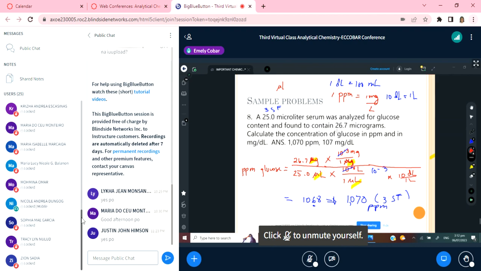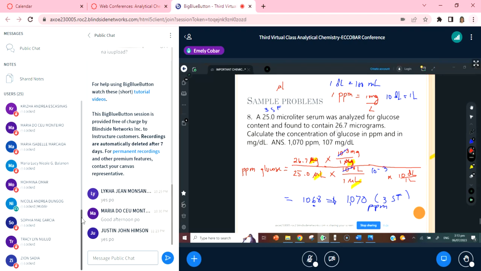So, what does it say? Express the concentration of glucose in ppm. So, ppm glucose is simply equal to the mass of glucose. What is the mass of glucose? 26.7 micrograms. And the serum is 25.0 microliter. Okay, class, look carefully. Microgram is a unit of mass.